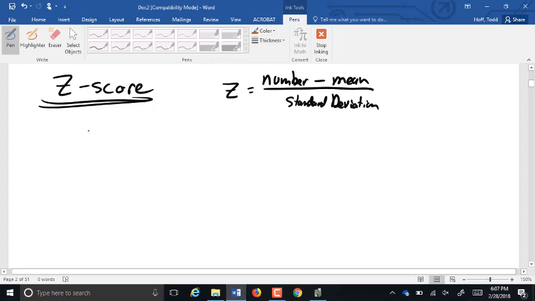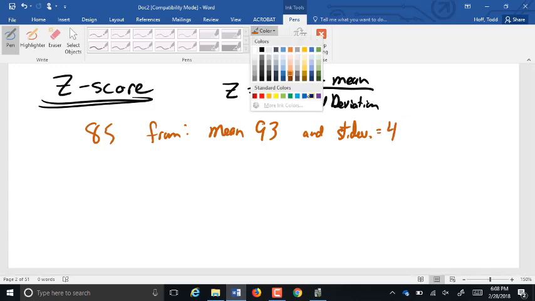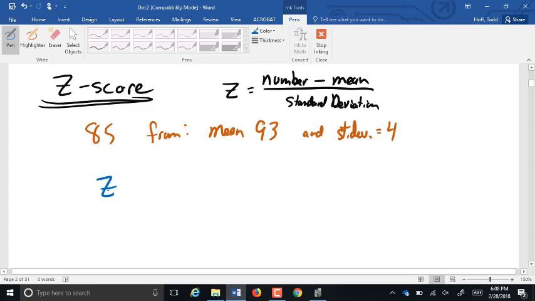So if you have the number 85 from a set that has a mean of 93 and standard deviation of 4, the z-score of that 85 is going to be found by taking 85 minus 93 and dividing that difference by 4.